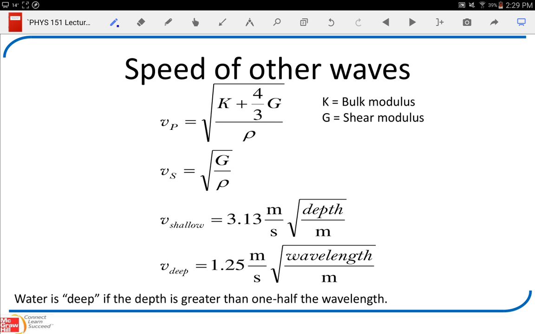We get a pretty good speed for the wave. Now, this is a pressure wave, right? The water going into the water is going to be mostly a pressure wave. What is happening is that the wave is traveling through the water. What do waves do? They transport energy. So we have energy transport.